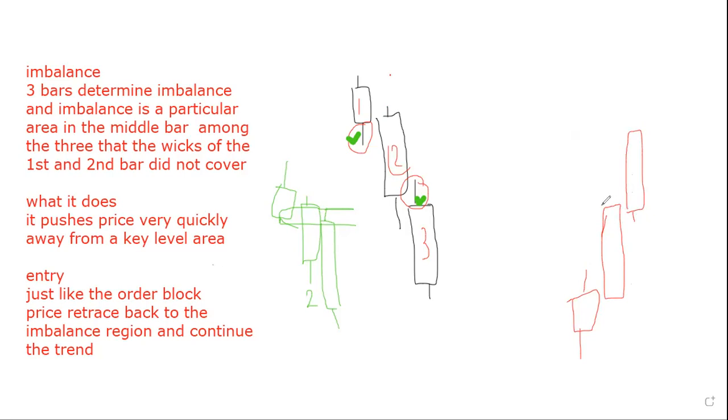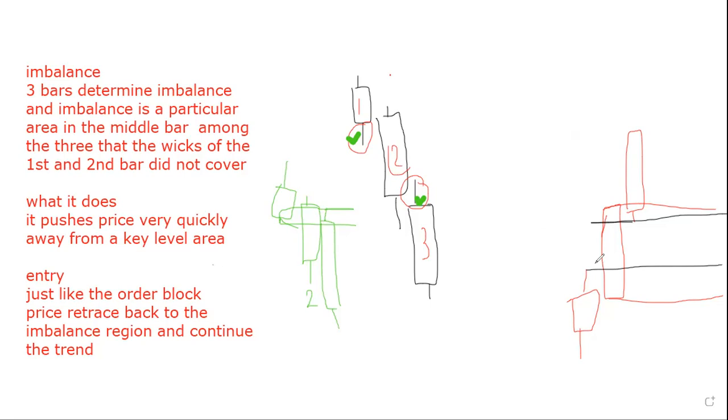Now this is the second bar, the bar of focus. This is the upper wick of the first bar, and this is the lower wick of the second bar. So where is our imbalance?